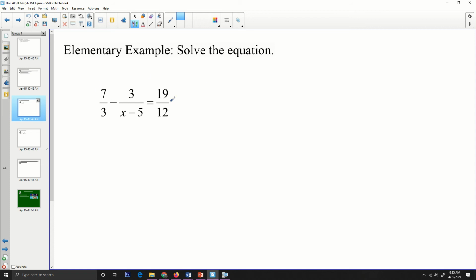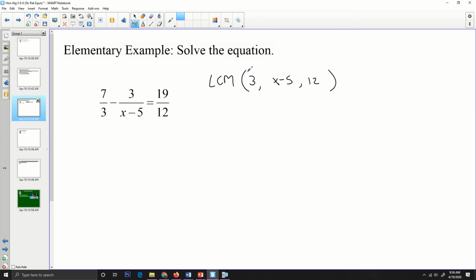When we look at this simple example here, I have three denominators. I have 3, I have x minus 5, and I have 12. So I want to find the LCM, the least common multiple, of all of those values. Well, the least common multiple between 3 and 12 is 12.